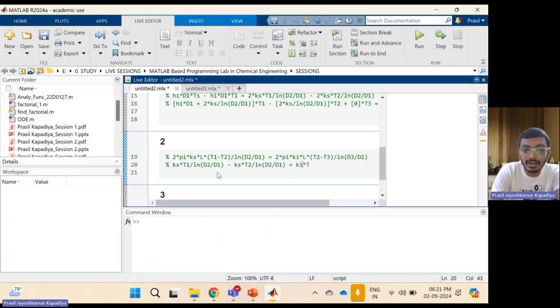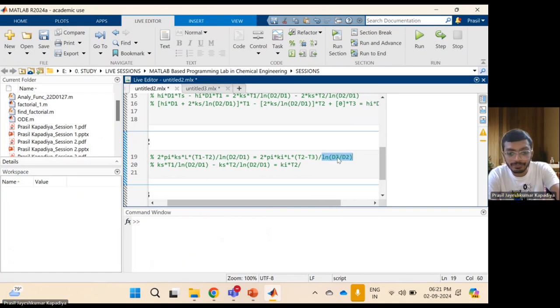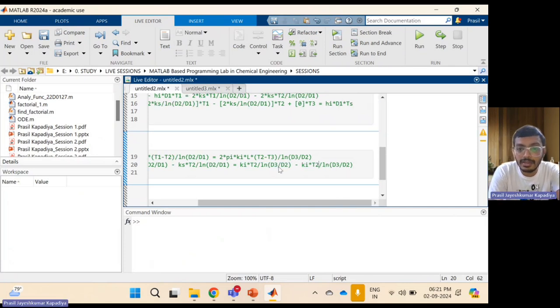L is cancelling out. Ki into T2 divided by this term ln d3 by d2, minus same term but with T3. Correct? So here it is T3.